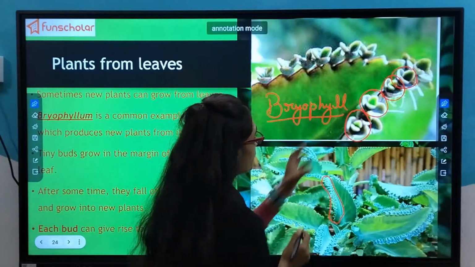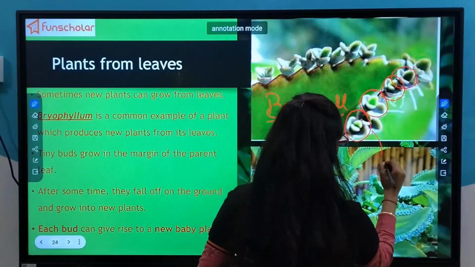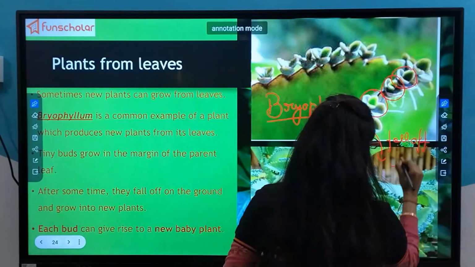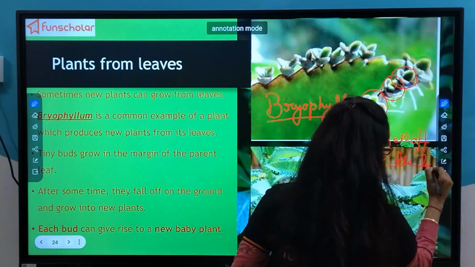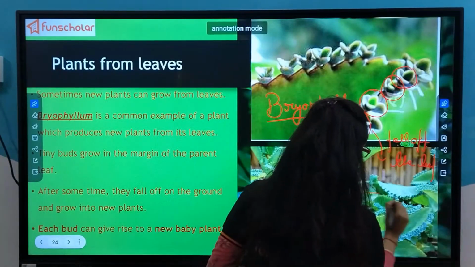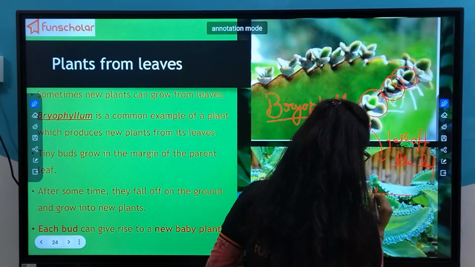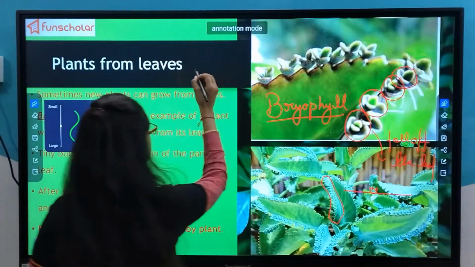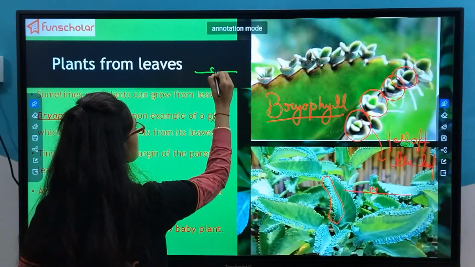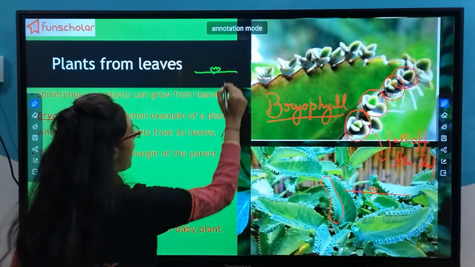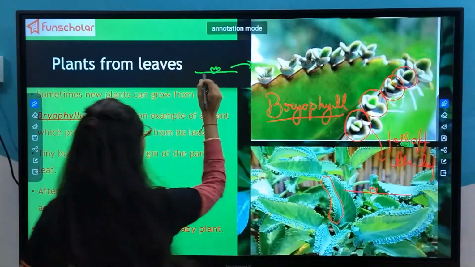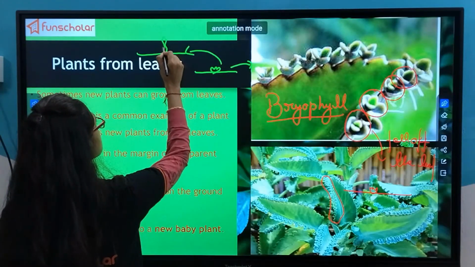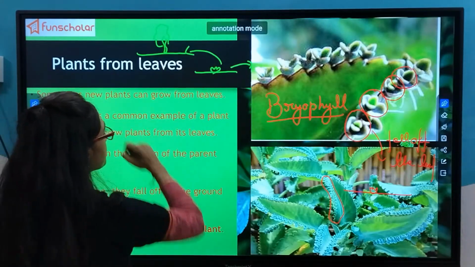What happens when this bud falls off the leaf and falls on the soil? Suppose it falls on the soil like this. After some days, what happened? A new plant is being formed from this bud.